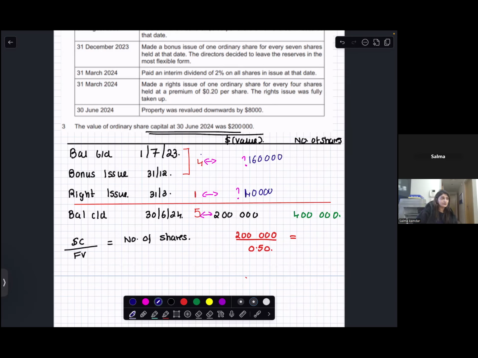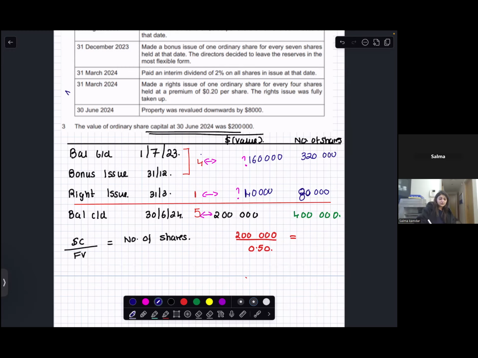I want it in the number of shares. So it will come up to how much? And the next one would be 20,000. I hope you're with me. 80,000? Right issue is 80,000. Okay, fine.